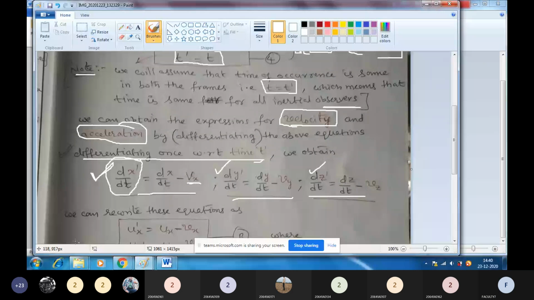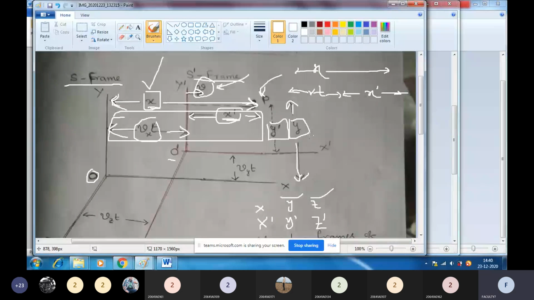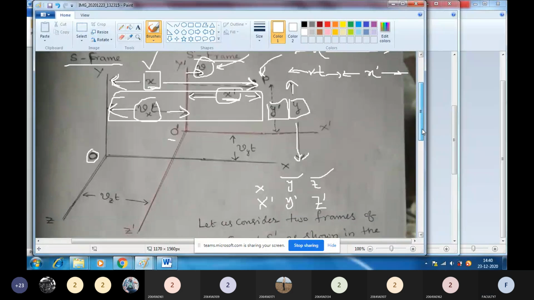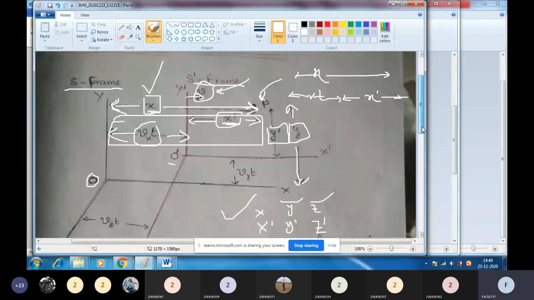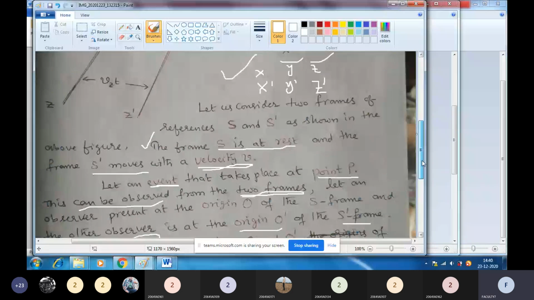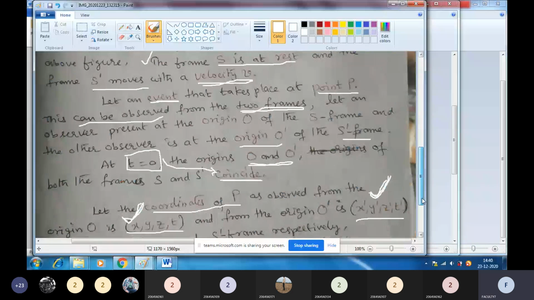Depending on the two frames as shown in this diagram, first you will find the relation between x prime and x, y prime and y, next z prime and z. Now depending on the geometry, you got the relations like this.